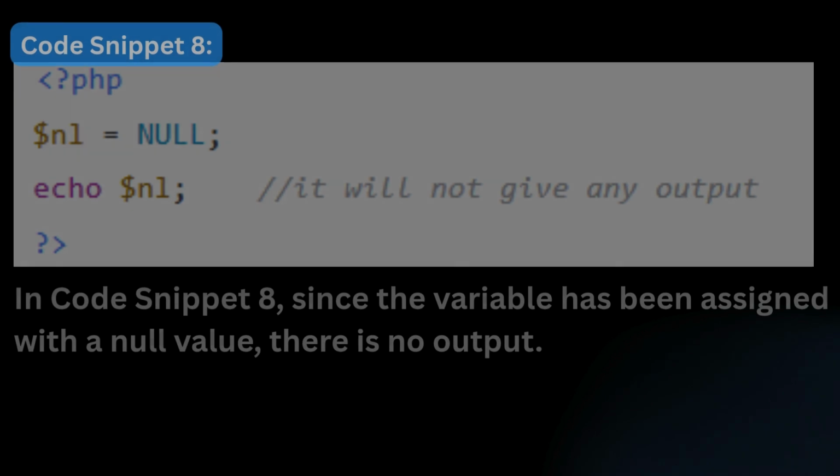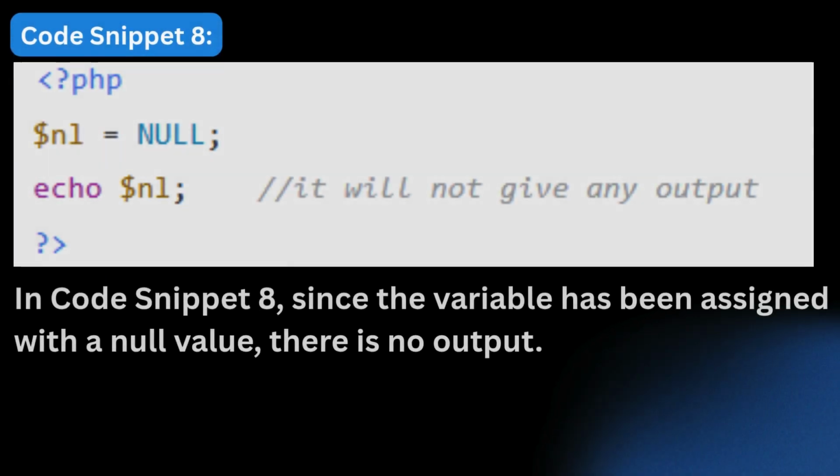Now let's look closely at code snippet 8, which demonstrates how the null data type behaves in PHP. In this example, a variable named $nl is declared and explicitly assigned the value null. This means that the variable exists, but it does not hold any actual data. It's completely empty. PHP recognizes this as a variable that has no assigned value.